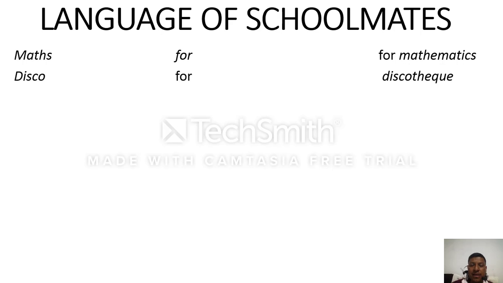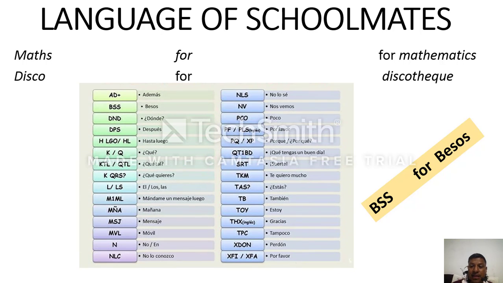For example, math for mathematics, disco for discotheque. Double X is for kiss in English. In Spanish, for besos. Other abbreviations, for example, a+ for además. It's a new language for teenagers and the new generation.